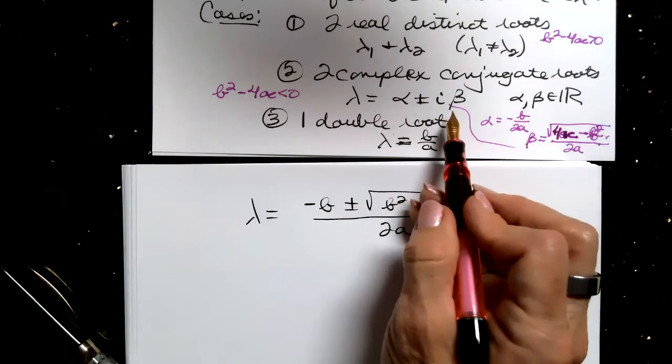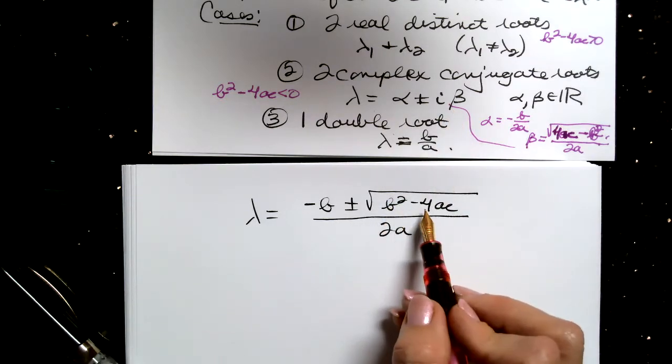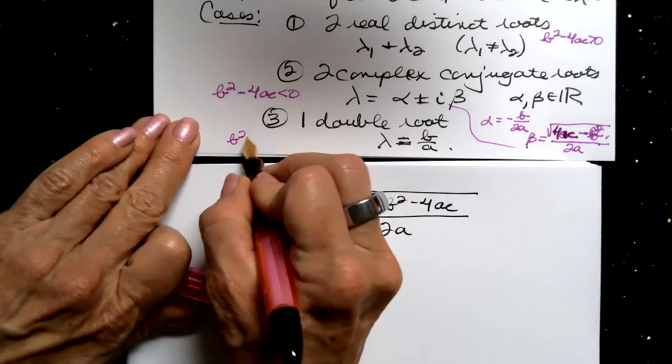So that's how we get that. And then the double root is when b² - 4ac is actually 0.